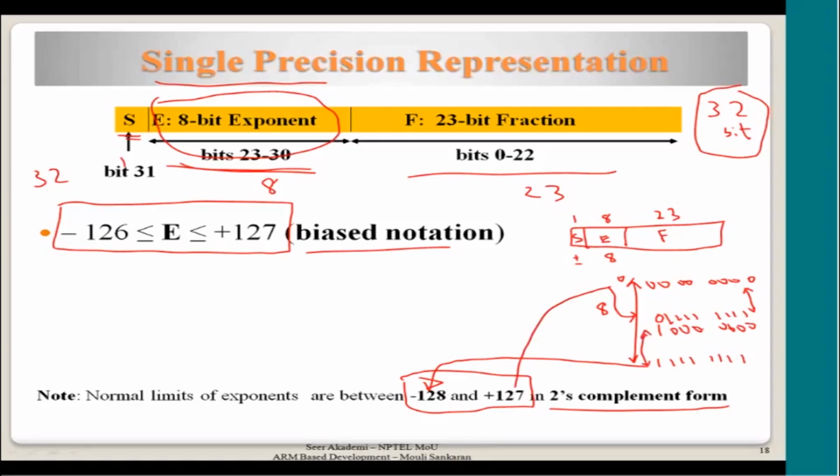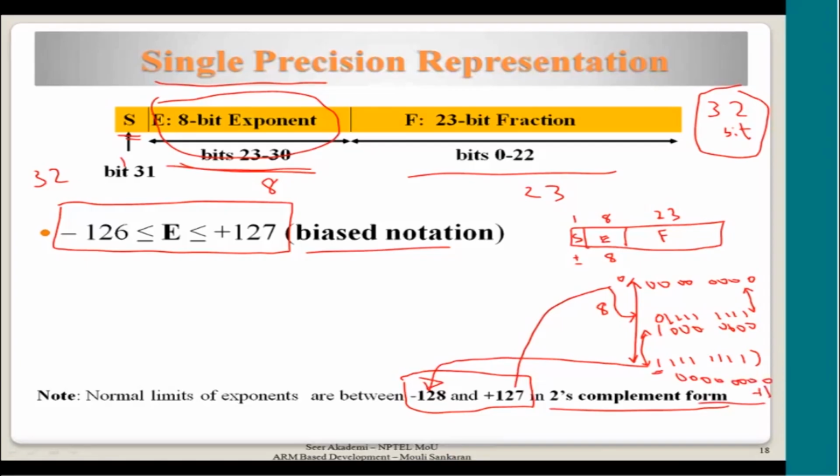Now you have a question whether this corresponds to minus 0 or minus 128. Let me convert this. The MSB is set to 1, which in 2's complement is a negative number. How do you compute the magnitude of this number? You invert all of them and add 1 to it.